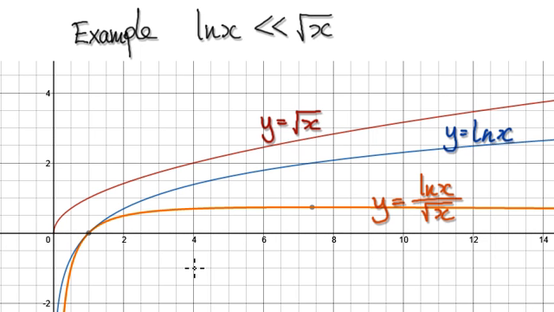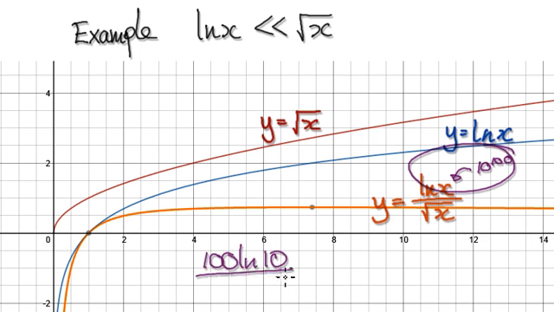So if you look at this, whenever you see natural log, think of powers. So let's put 10 to the power of 100 into here. Natural log of 10 to the power of 100 would be this. And then put 10 to the power of 100 into here, and then you square root it. That will give you 10 to the power of 50.